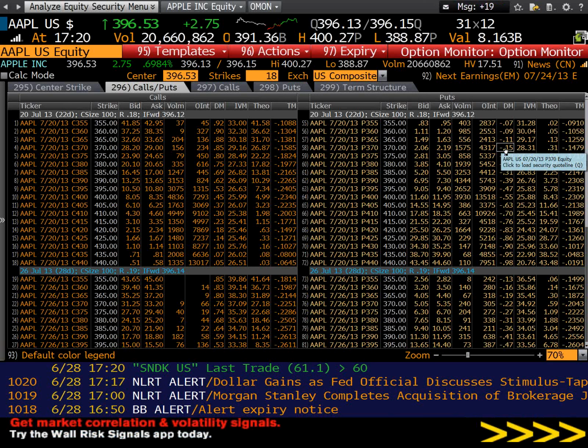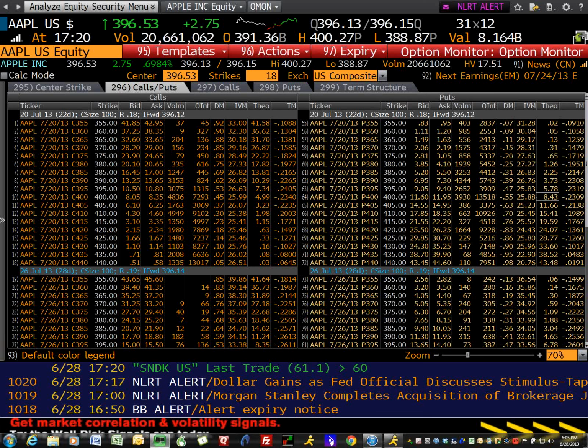And if you're long a put, which is a way of being short stock, then the price of the put always reflects the fact that you will not have to pay that dividend.